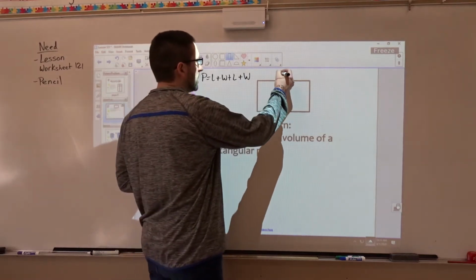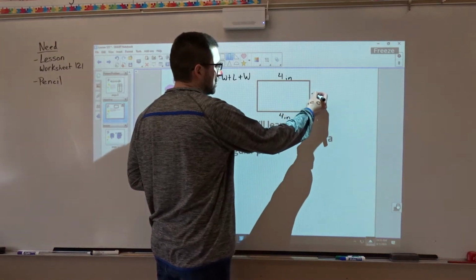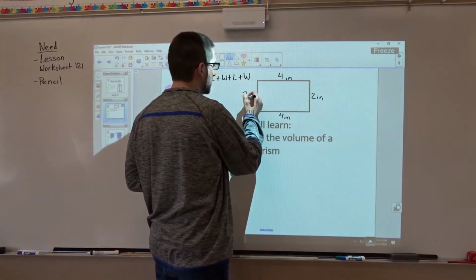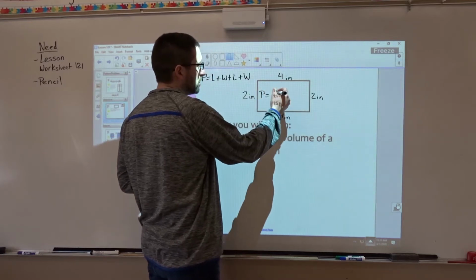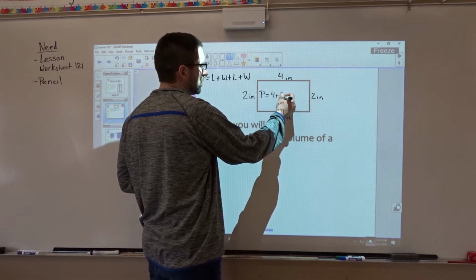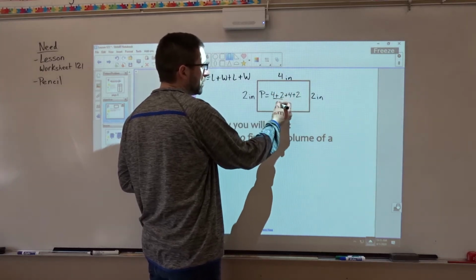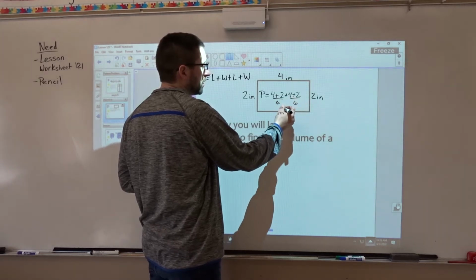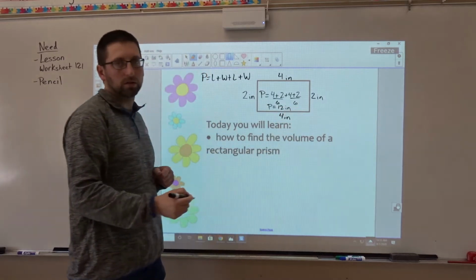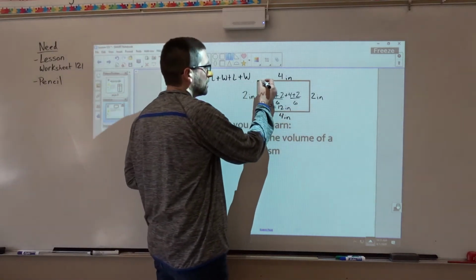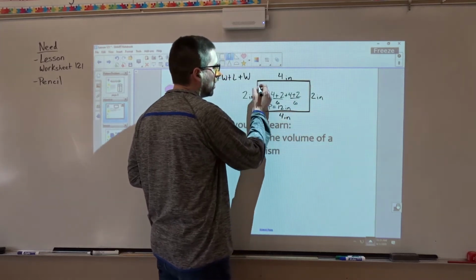Okay, and let's say that this side is 4 inches, this side's 4 inches, this side's 2 inches, and this side is 2 inches. So to find the perimeter, I would do 4 plus 2 plus 4 plus 2. This would be 6, this would be 6, and all together the perimeter would equal 12 inches. Okay, perimeter, remember, that's the distance around a two-dimensional shape like a rectangle.